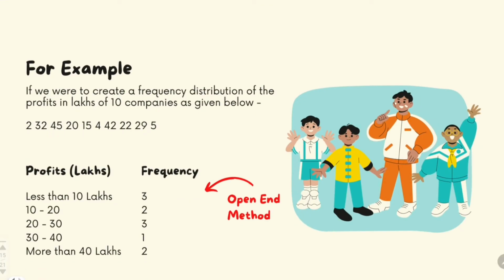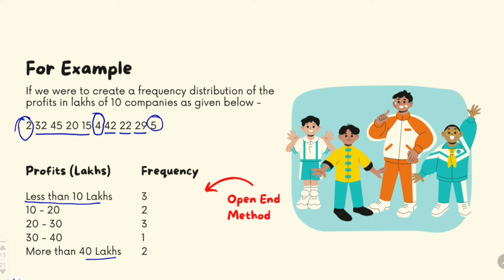And one more we have, which you might have come across, where we say less than 10 lakhs or more than 40 lakhs. For example, see, most of our values, if you look over here, are in ranges like 42, 22, 29, big numbers, right? But we have very few numbers like 2, 4, 5 and so on.